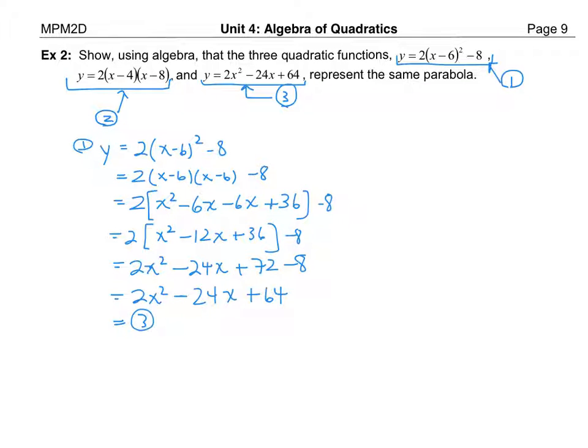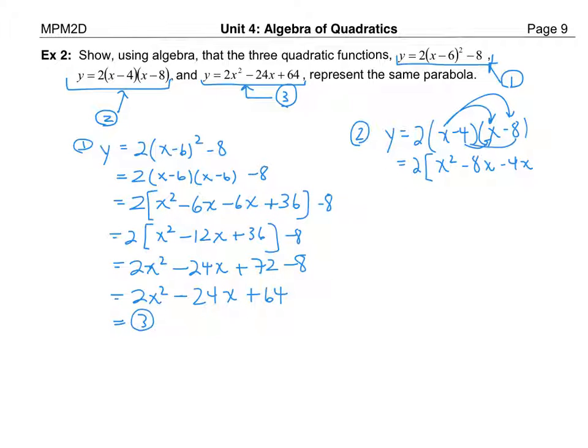If I put both of those in Desmos, I know that the graphs would land on top of each other. Now let's play with equation number 2. We've got y equals 2 bracket x minus 4, and then an x minus 8. And then we get 2, and then if I expand, I'm going to get x squared. So that x squared, I've got a minus 8x, and then minus 4x, and then we have a plus 32.